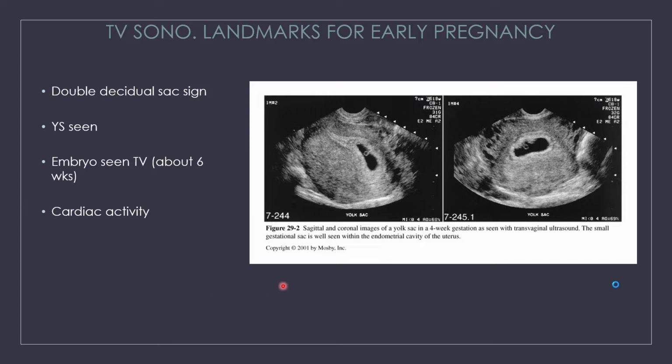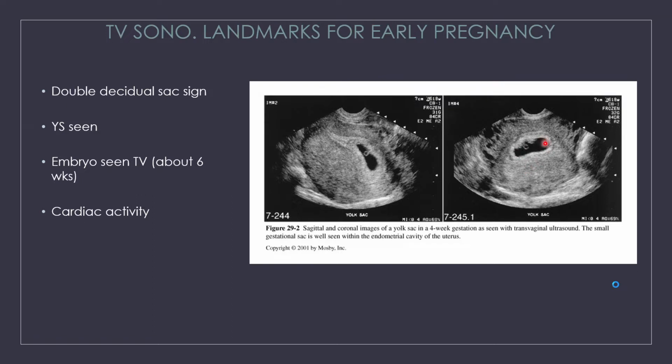So that double decidual sign is the two layers of the decidual reaction. So we've got here and then another layer outside there. So really just this thickened white area, that is the double decidual sac sign, okay?